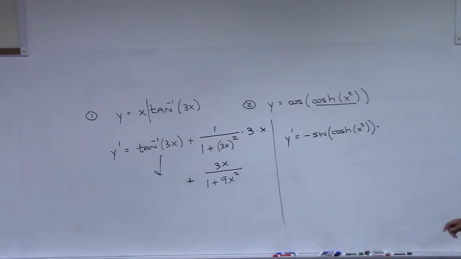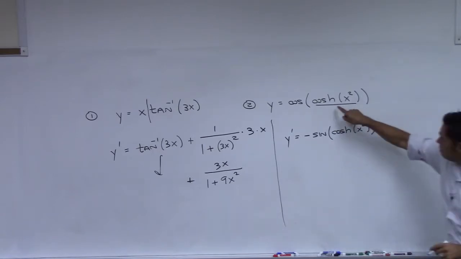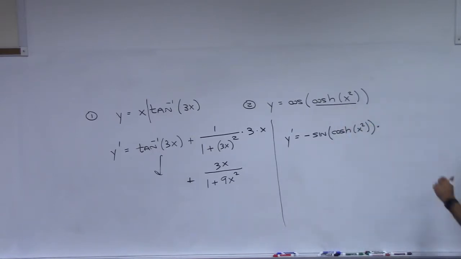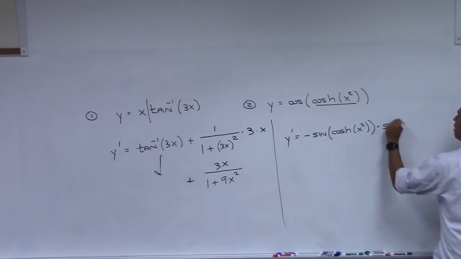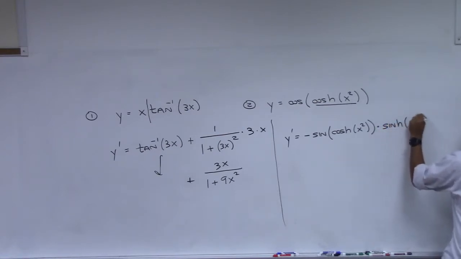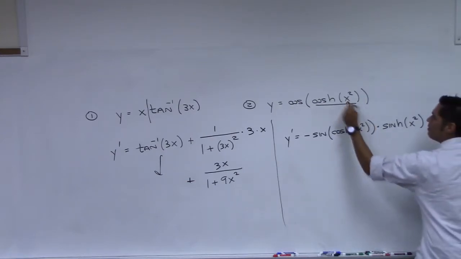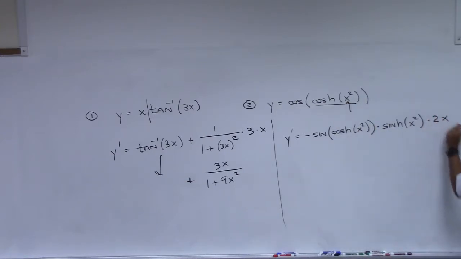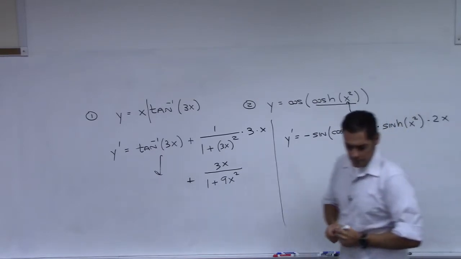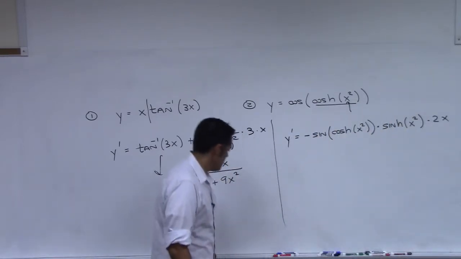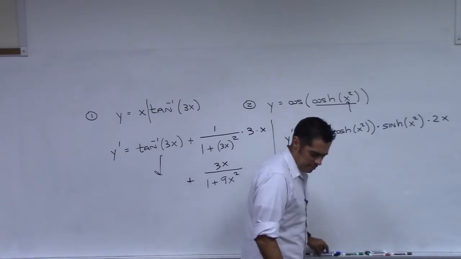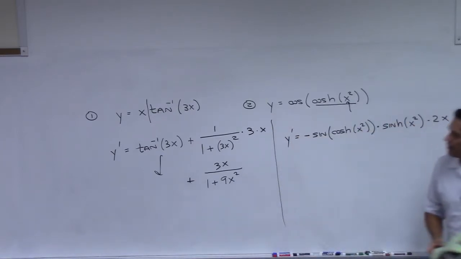Now the derivative of what was inside. The derivative of cosine hyperbolic is just sine hyperbolic, no negative sign there, right? And then take the derivative of what's in there, 2x. Okay, that's it. It's always easier watching someone do it, right?